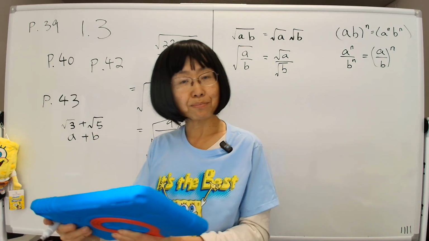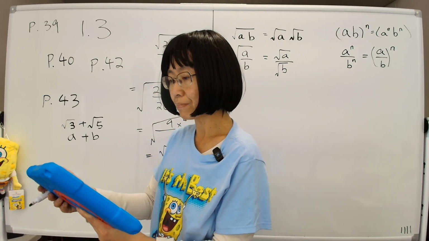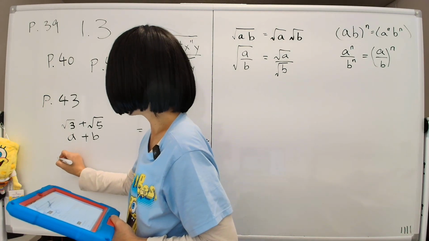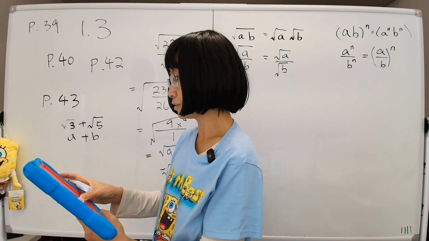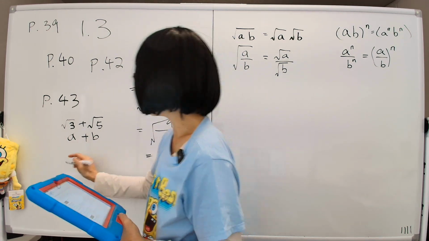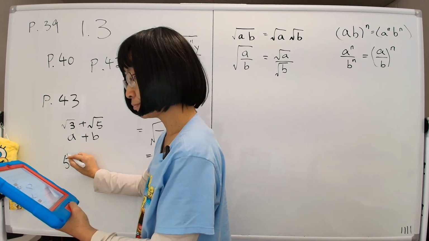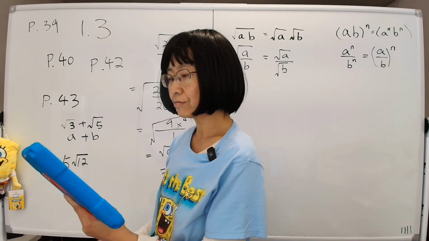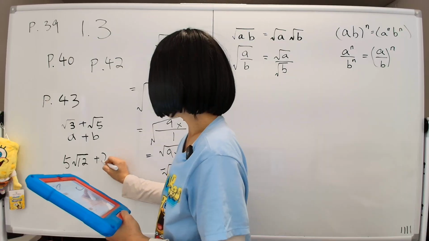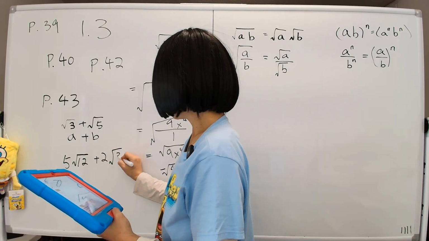let's look at example 6 to see what I mean. On page 43, we have 5 square root of 12 plus 2 square root of 3.